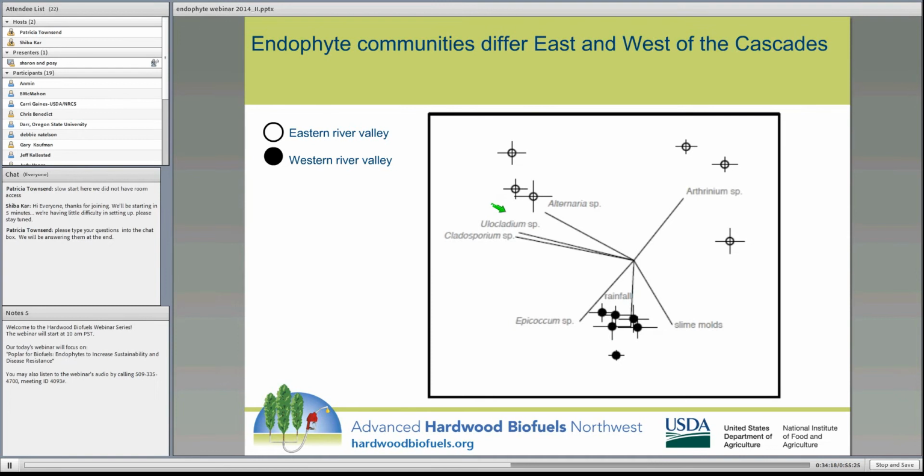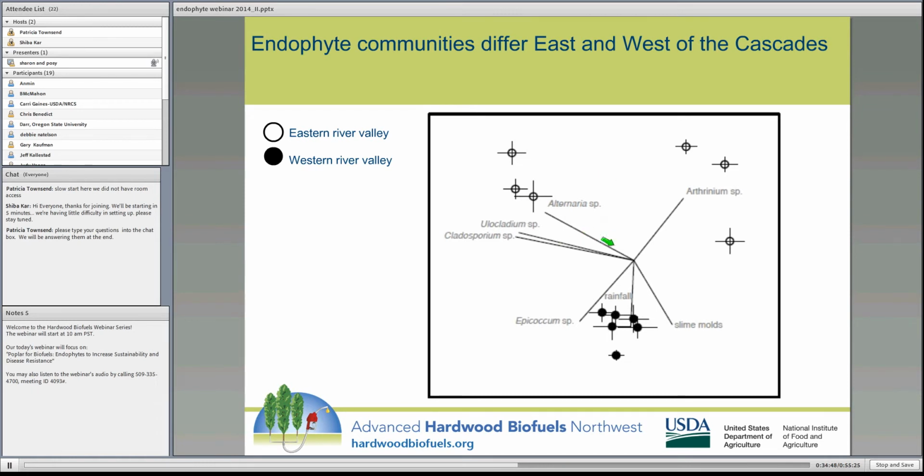And what you can see is in this ordination space, where the endophyte communities are summarized by simply two dimensions, we see that there's spatial separation. Points closer together have endophyte communities that are more similar, and points farther apart have endophyte communities that are more dissimilar. So we see east and west, there are, in fact, differences in the endophyte communities. We see more similarity among western sites than among eastern sites.